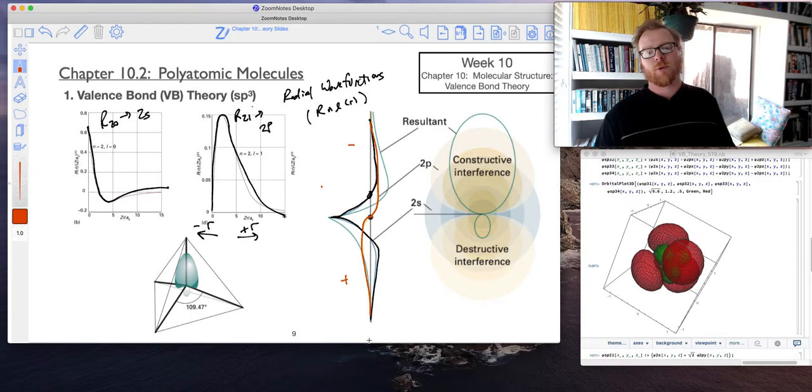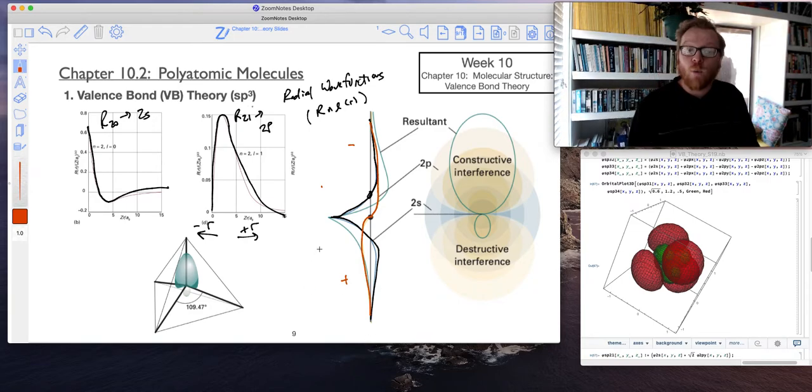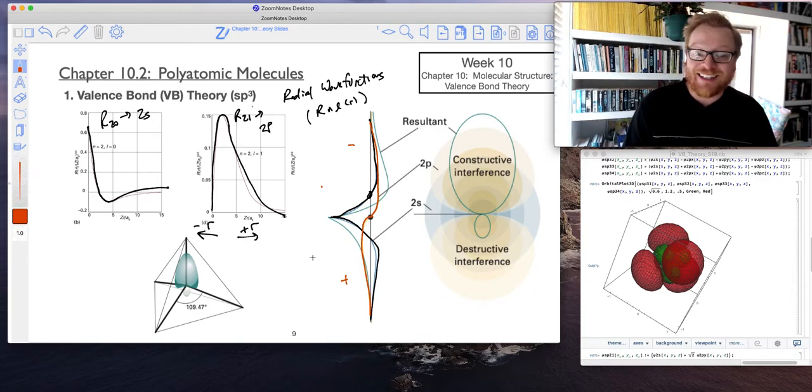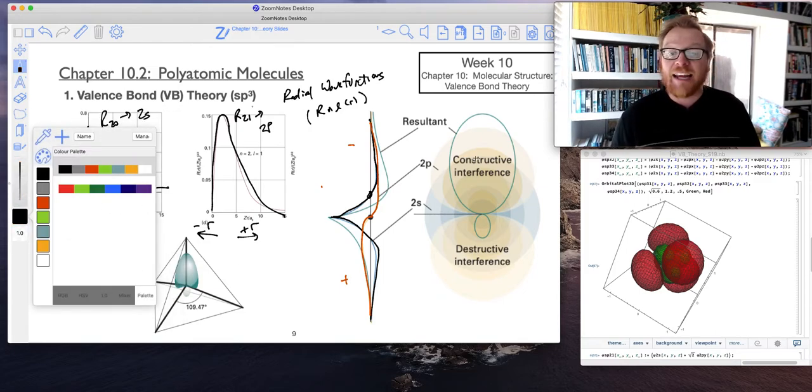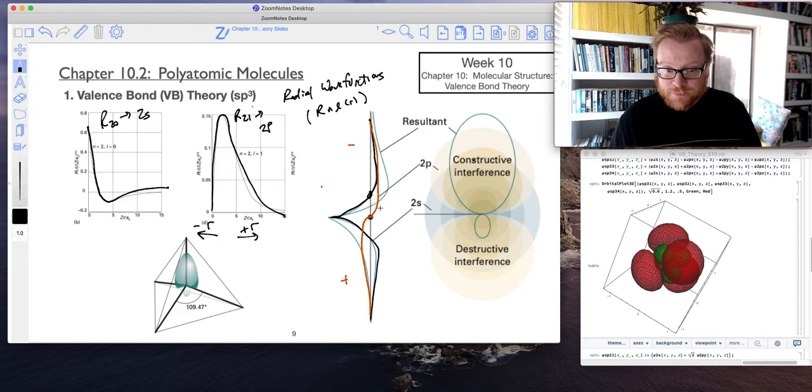Okay, so now when we add those two things together, we're going to have regions of heightened constructive interference indicated right here. At this point, it doesn't really matter whether it's negative or positive. What matters is that they're both constructively interfering, they're both on this side of the axis. So that leads to a large lobe right there.